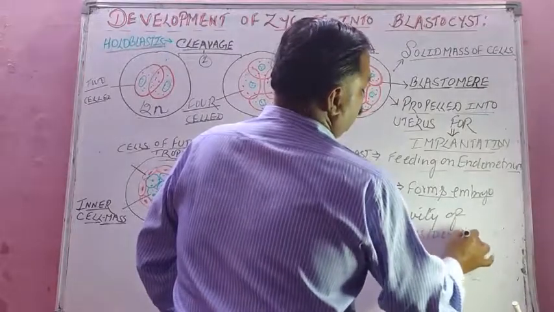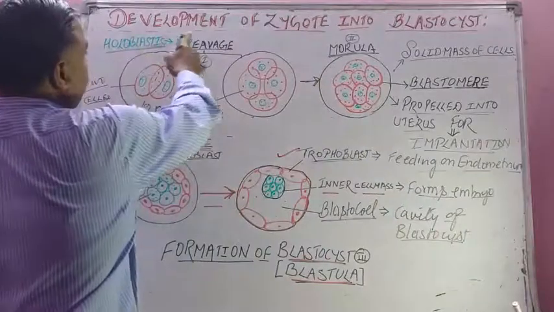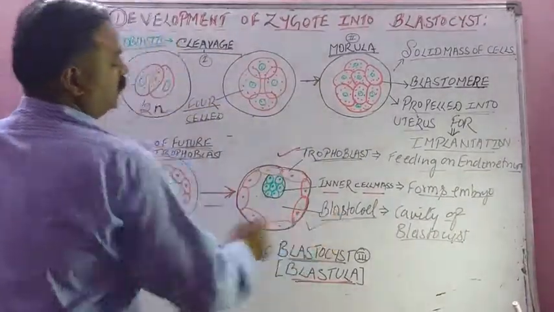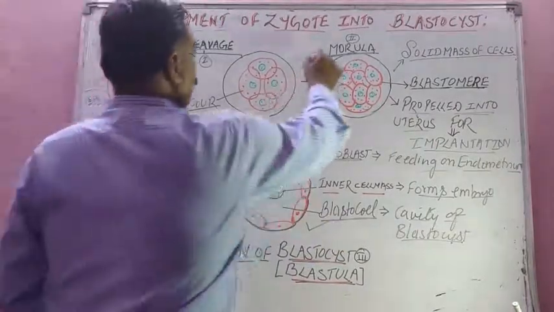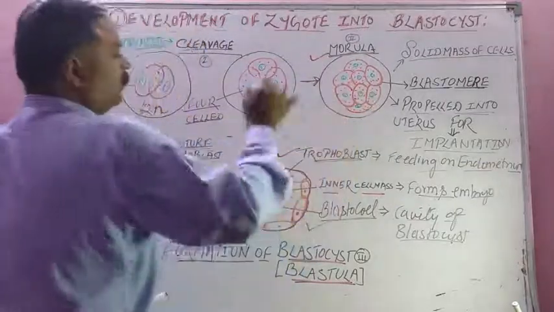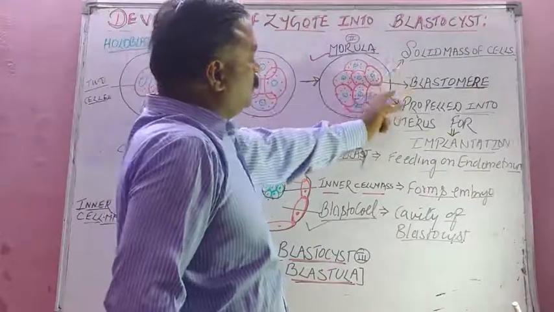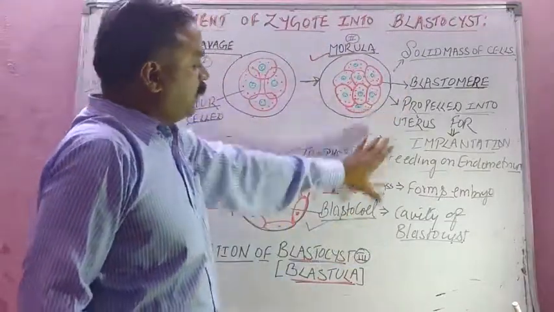So as per your class 12th bio course, we only have to study development of zygote into blastocyst. So student, these two stages are very important here, morula and blastula. Slides of these are given in your practical also, and these are the keywords by which you can make key statements. So just pay attention to these lines.